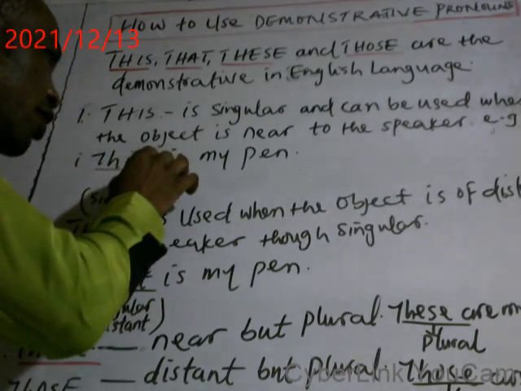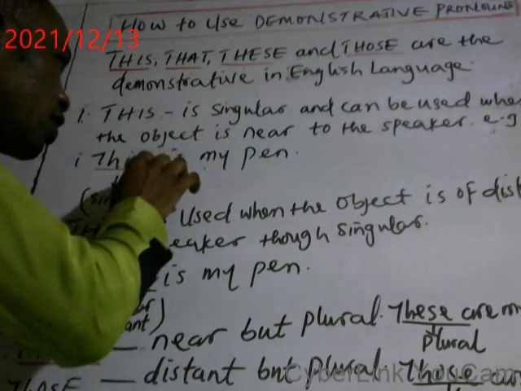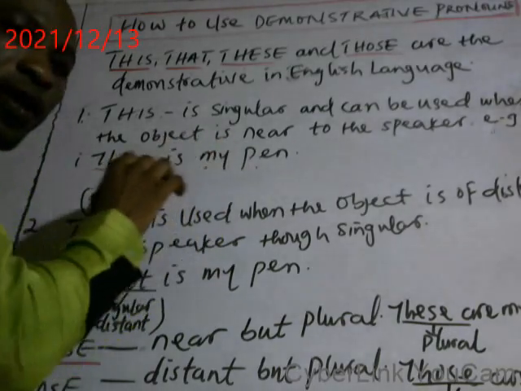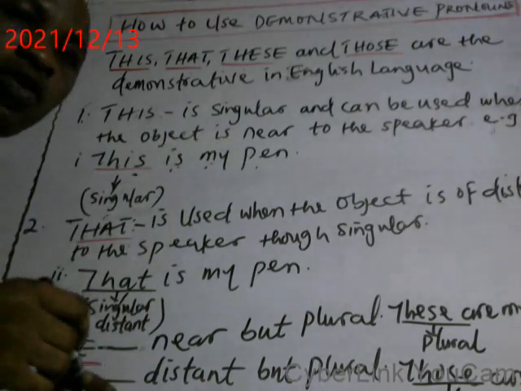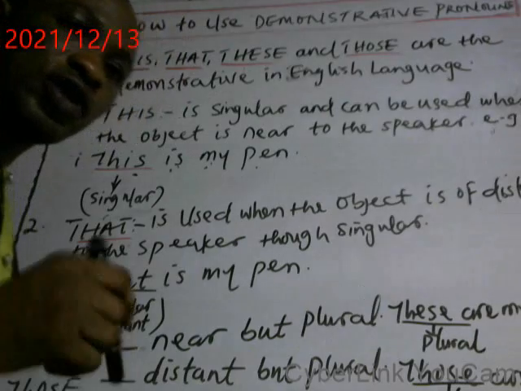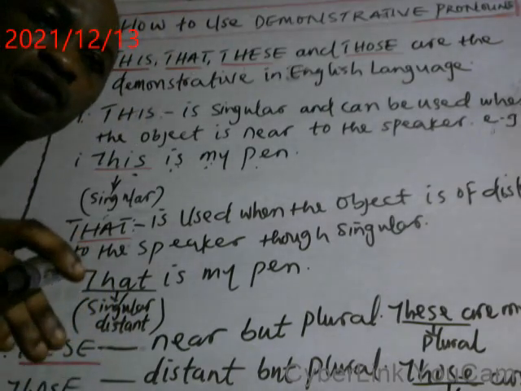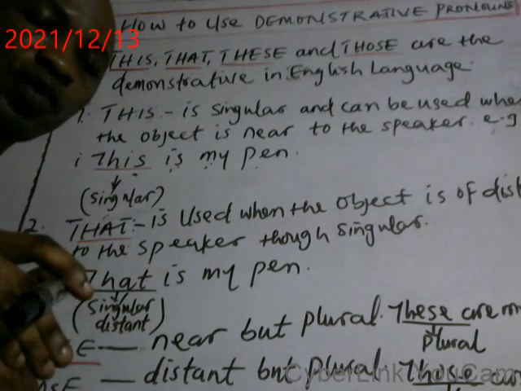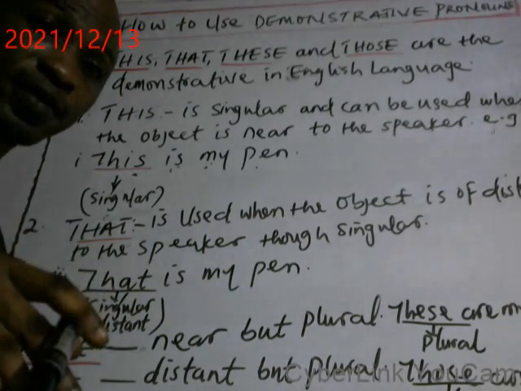Then I can have something like this. This is my pen. Okay? I can use this because this object I'm having with me is very close to me and at the same time it is singular.